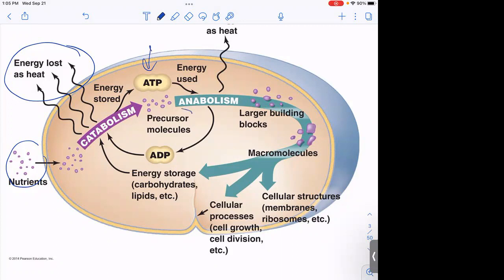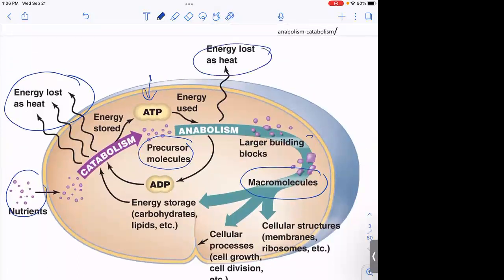There are precursor molecules that are formed, and those can be used in anabolic reactions to build macromolecules. So maybe for storage, some macromolecule like a carbohydrate or maybe a lipid, a protein, nucleic acid. Those are the 4 macromolecules. Okay, cellular structures, energy storage, things like that. And again, not perfectly efficient.